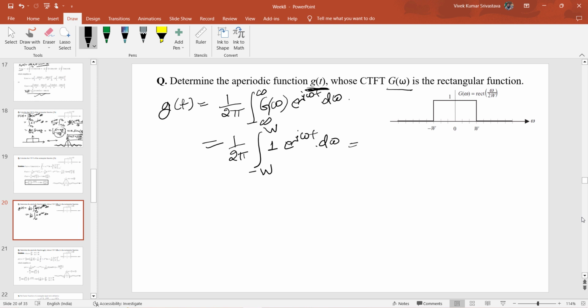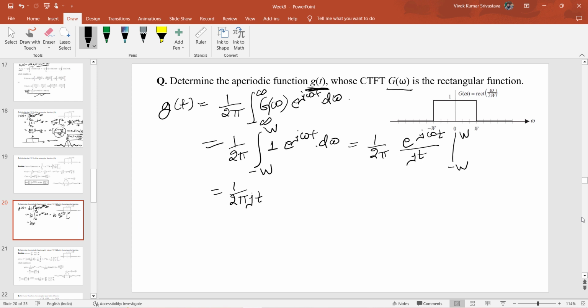So this we can also write as 1 over 2 pi e raised to the power j omega t over, sorry, basically this will be jt. Now we can put the limits of integration from minus w to w.